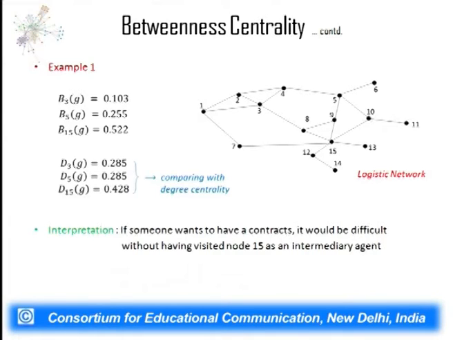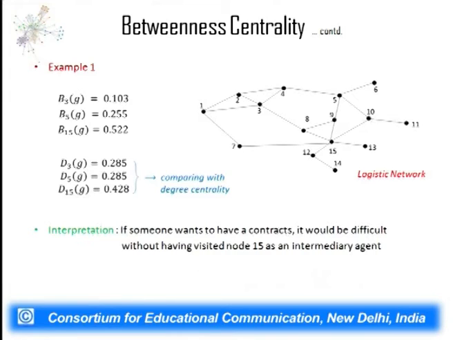Okay. So here node 15, if we want to interpret, we can say that if the given graph is a logistic network, then if someone wishes to have a contract in that particular network, wants to enter into that network, wants to get some important contracts out of it, then it would be very difficult without having visited this node, this person or this department 15 as an intermediary, right.